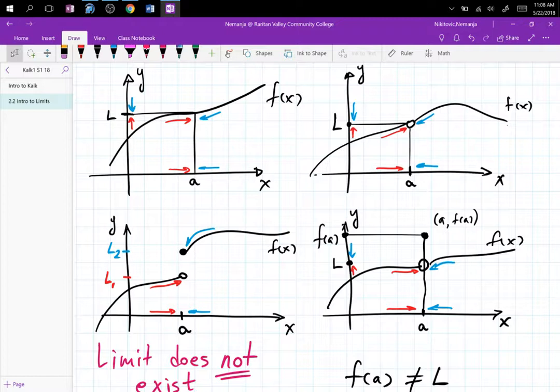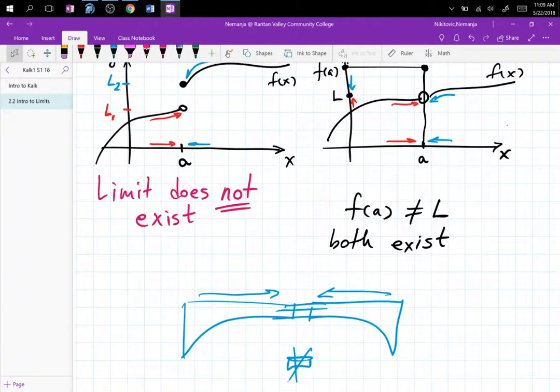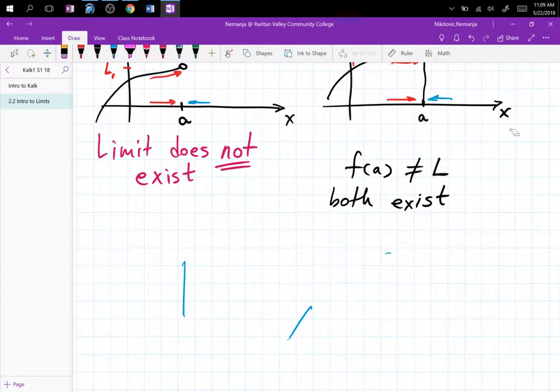All of the other ones have something going on. The second one doesn't have a pre-calculus answer because there is no value. The one below has the pre-calculus answer, but it's not the same as the limit, and the one on the bottom left doesn't have a limit at all. So these are the situations that you have to consider as you go. I hope you will spend some time looking at these graphs and understanding what's going on.